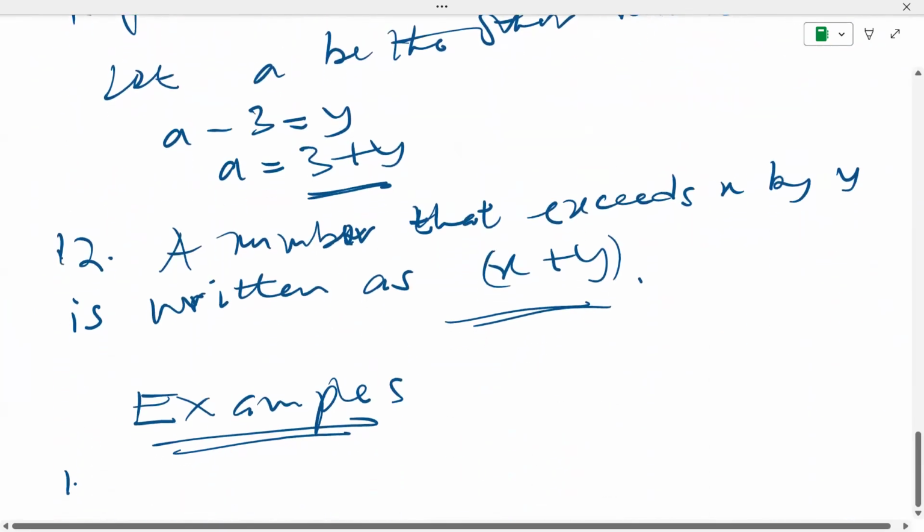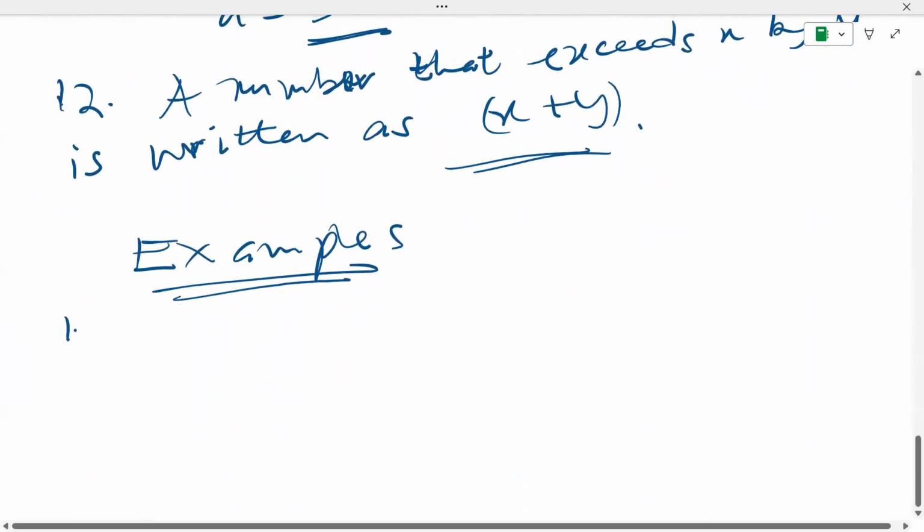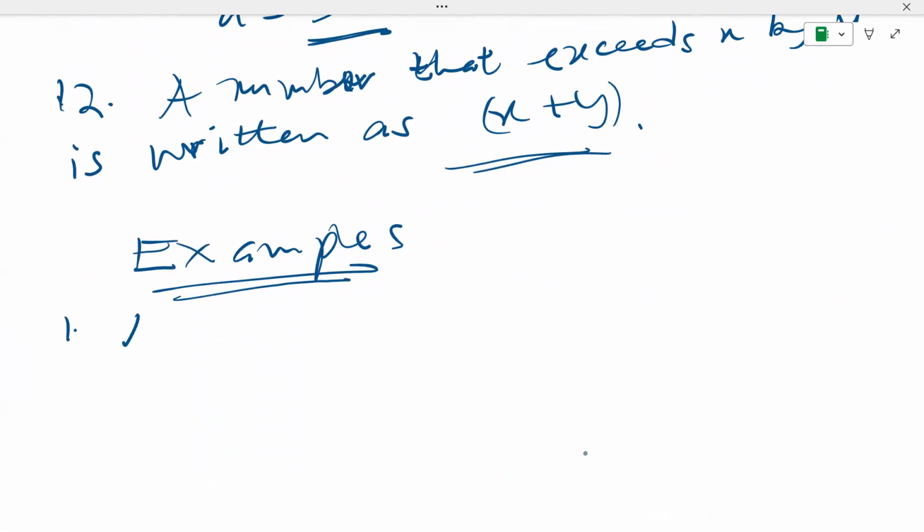Right. So with this established, we are going to look at some questions and then we see how we can actually solve them. Good. So right away, we are looking at the first question. I'm writing it down and then we'll look at how we will solve it.